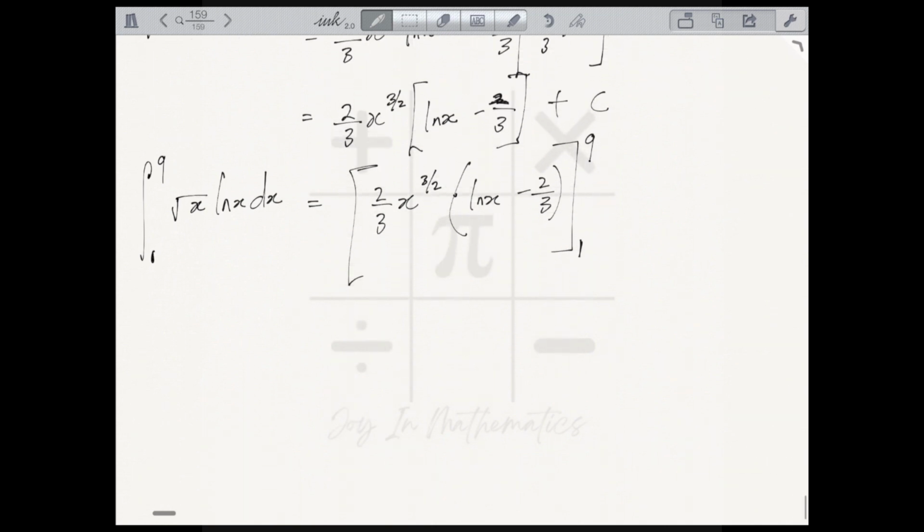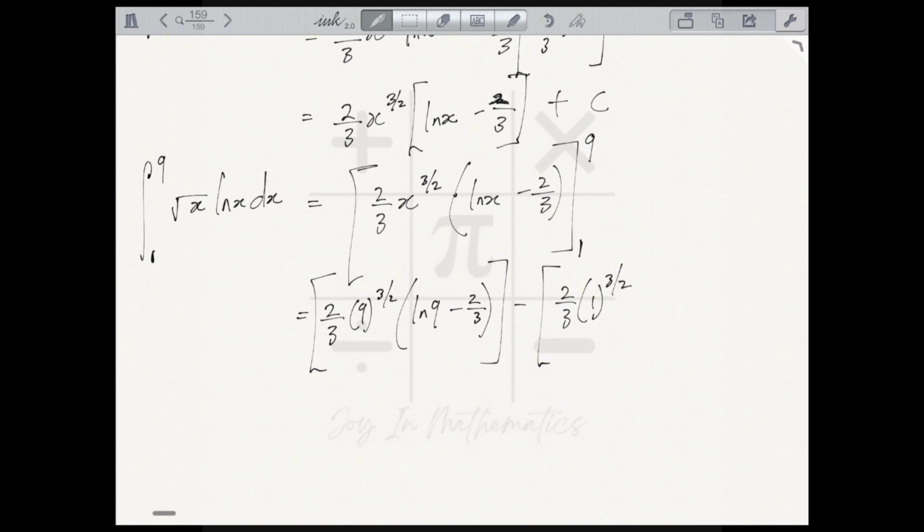So let's apply our upper limit first. This will give us 2 over 3 into 9 raised to power 3 over 2 multiplied by ln 9 minus 2 over 3. And let's apply our lower limit of 1, and that will give us 2 over 3 into 1 raised to power 3 over 2 multiplied by ln 1 minus 2 over 3.